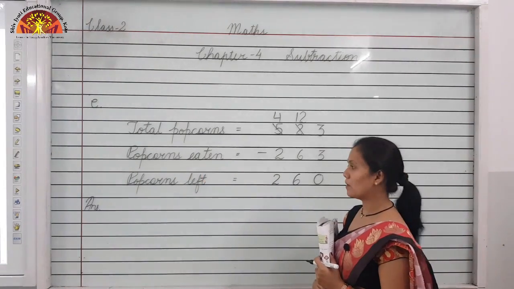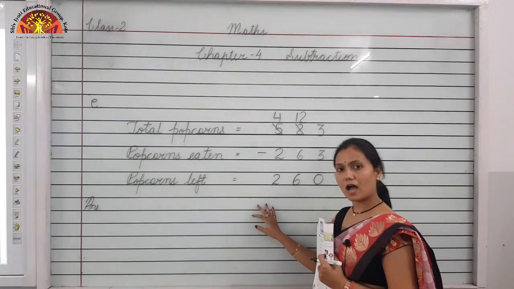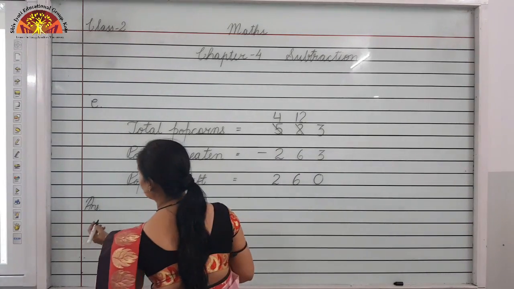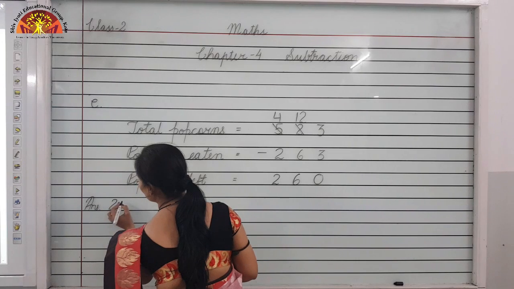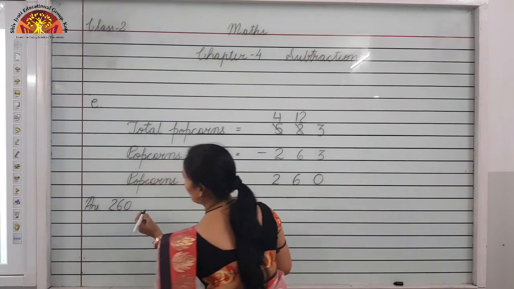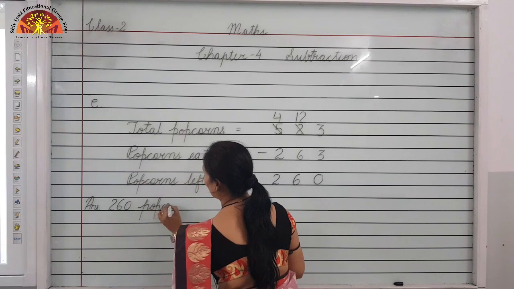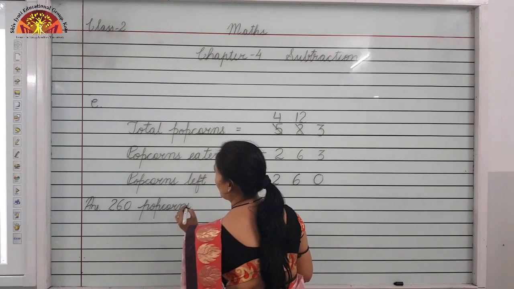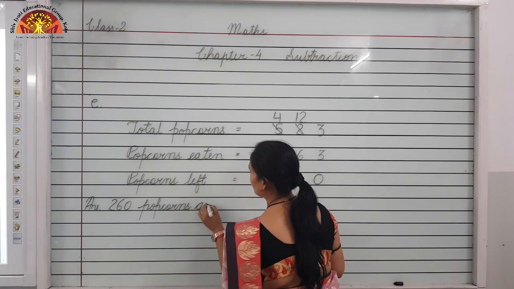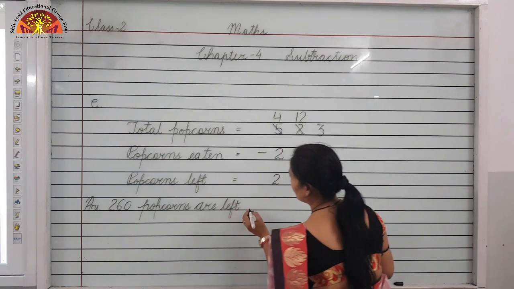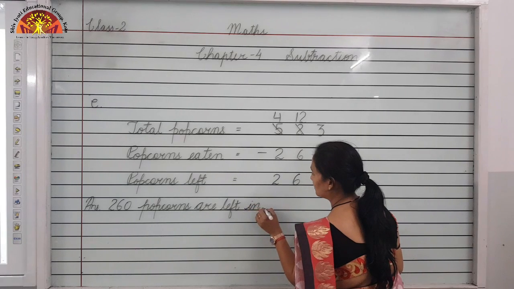So total number of popcorns left are 260. Now we will write here 260 popcorns are left in the packet.